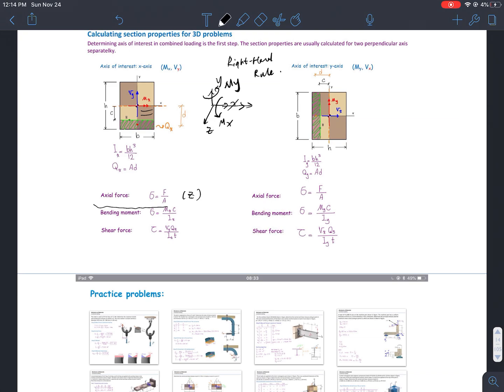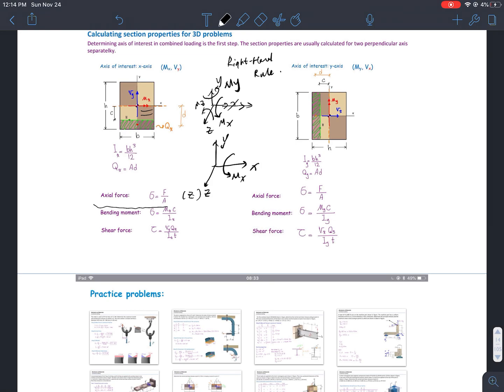Okay, then consequently, I also can have a bending moment in the z direction, isn't it? So it depends on which direction my moment is, my stress is also different. For instance, if I have a moment, okay, say in the x direction, that is my bending moment.